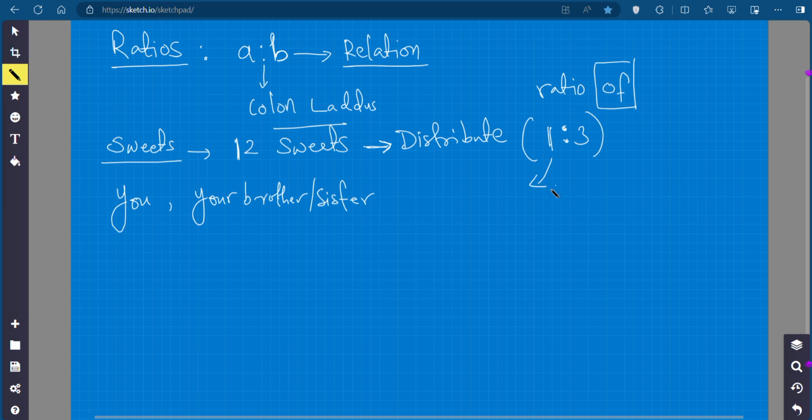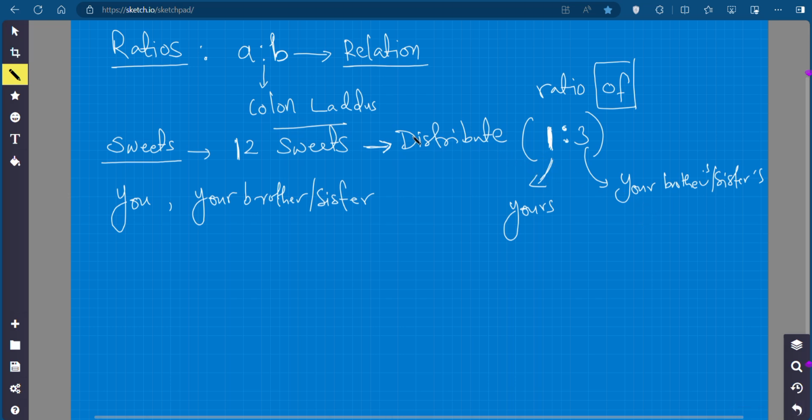Give yourself 1. This is the first number, not one number, because 1 is a digit here. So the first number in this colon structure will be yours, and 3 will be your brother or sister's. Then what does it mean again?